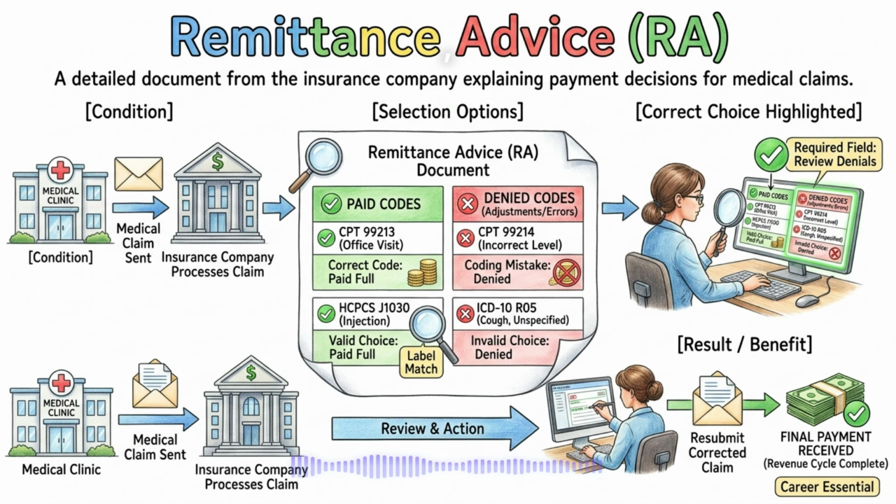Reviewing the remittance advice is a critical part of the revenue cycle, because it allows the billing staff to fix any coding mistakes and resubmit denied claims. Understanding this entire workflow, from the patient's arrival to the final payment, is essential for your career.